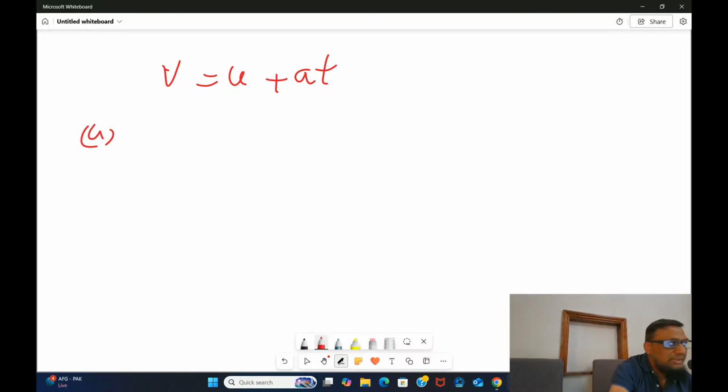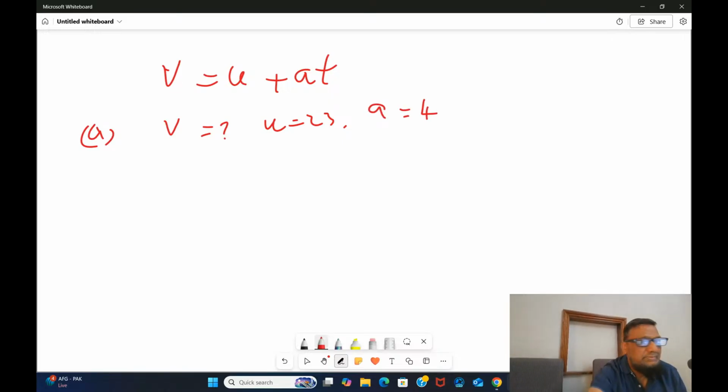So work out V if U is 23, A equal to 4, and t equal to 3.